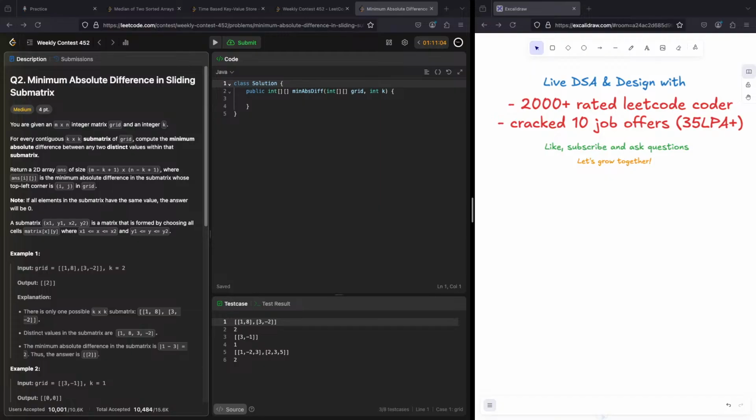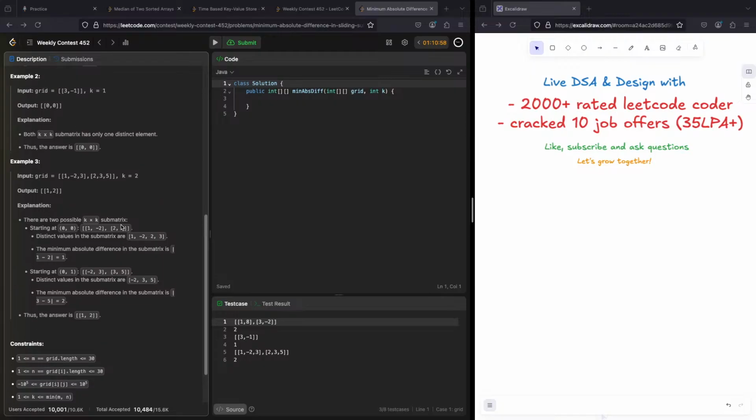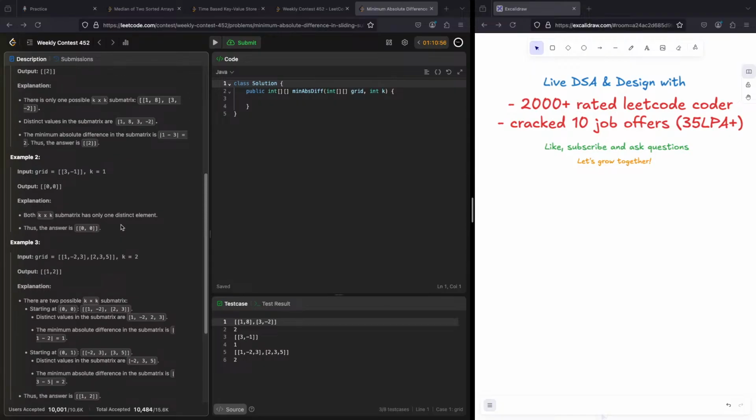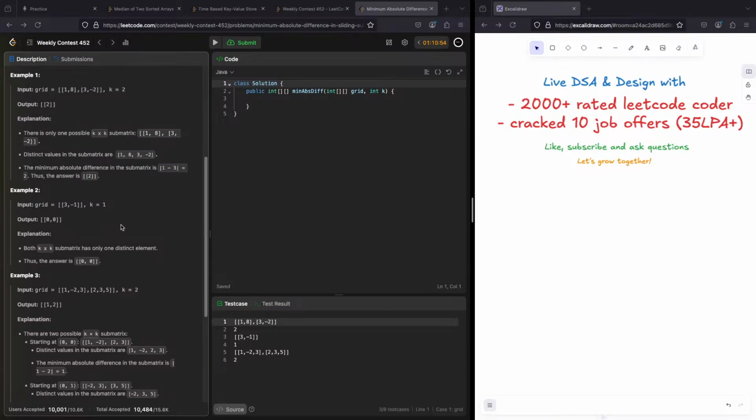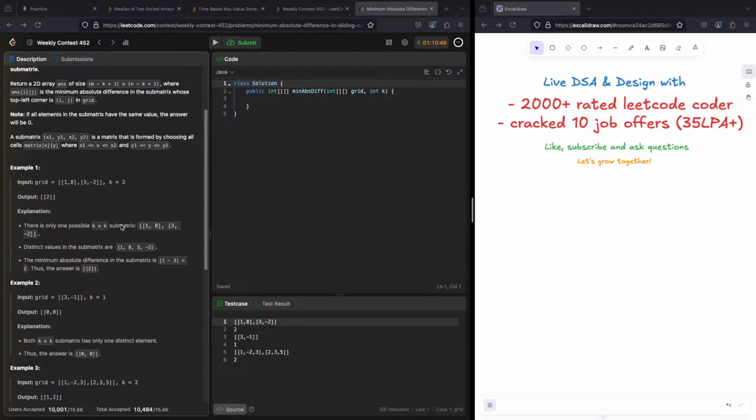K is also given. It seems like a traversal problem.